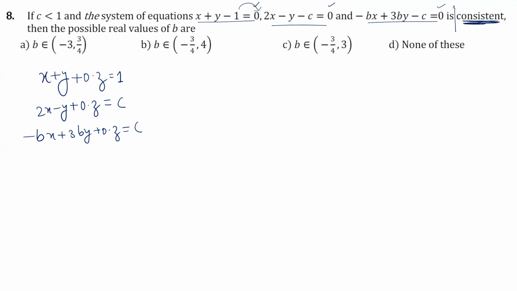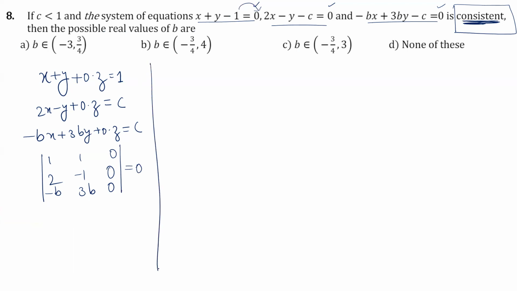So for consistent, because if you observe the determinant here, the determinant will be the coefficients of x, y, z, so that will be 1 1 0, and here 2 minus 1 0, minus b 3b 0. So this determinant is 0 because you can see that the third column is 0.